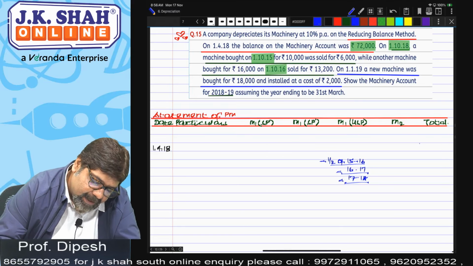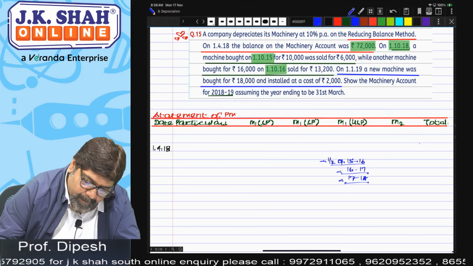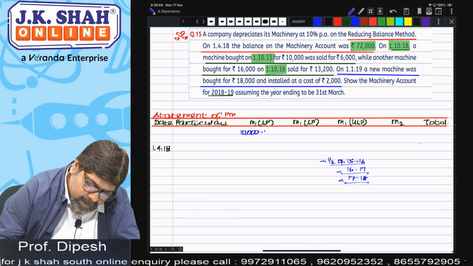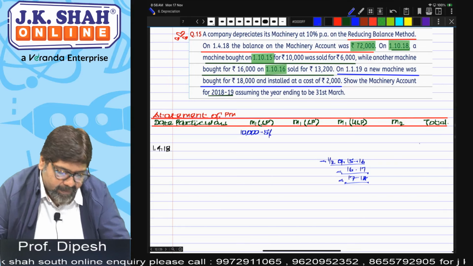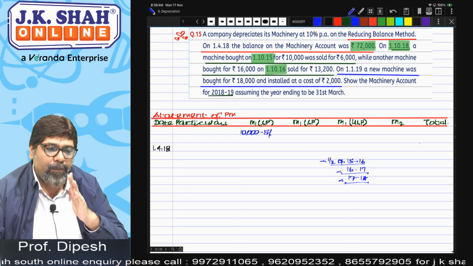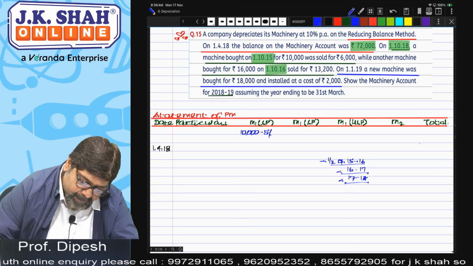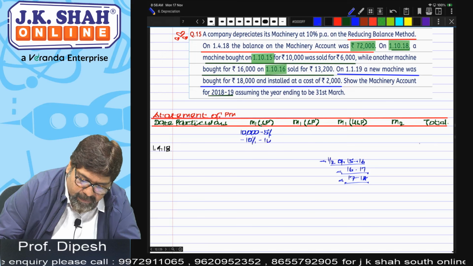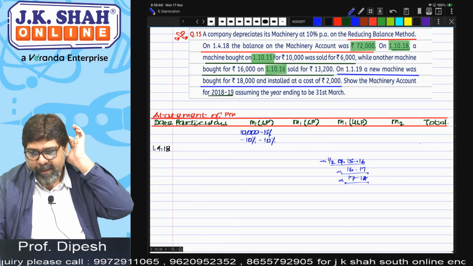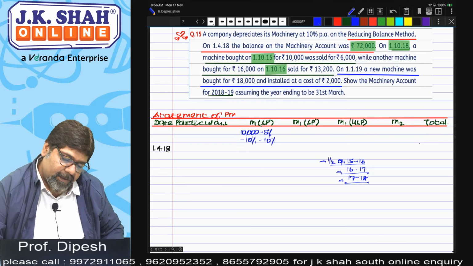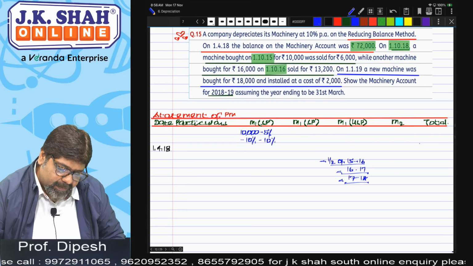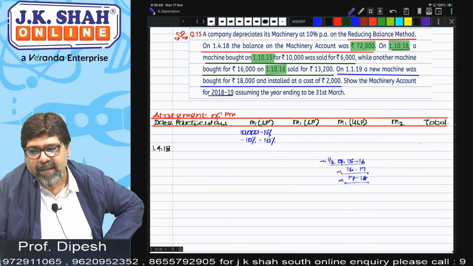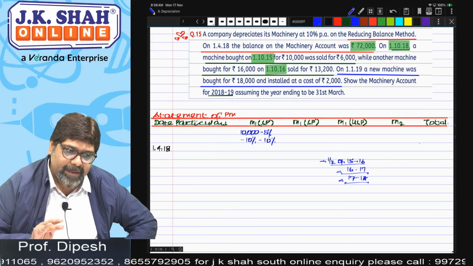So I can say the value of the asset was how much? 10,000 minus 5%, because depreciation rate is how much? 10%. Full year 10%, so half year 5%. That is 2015-16 minus 5%, 2016-17 minus 10%, and 2017-18 minus 10%. Yes or no? Tell me the answer, then I'll tell you.